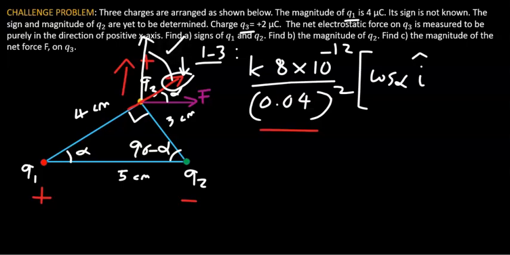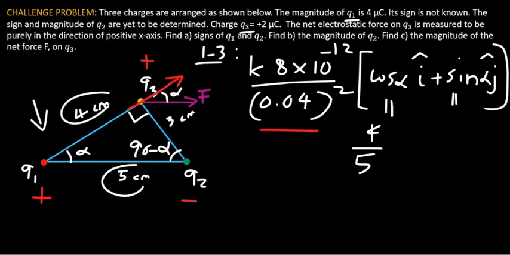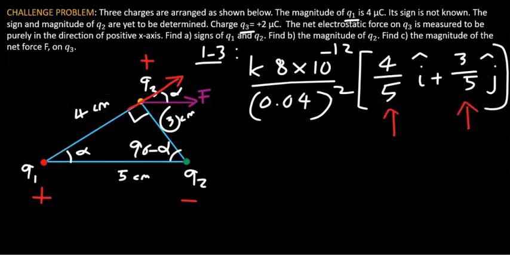A cosine of that angle means the sine of that angle, which is sine of alpha, and it's going upward, so it is sine alpha j hat. From this triangle, we know cosine alpha is 4 over 5, this over the hypotenuse, and sine alpha is 3 over the hypotenuse, so it's 3 over 5. So we have substituted these numbers here.